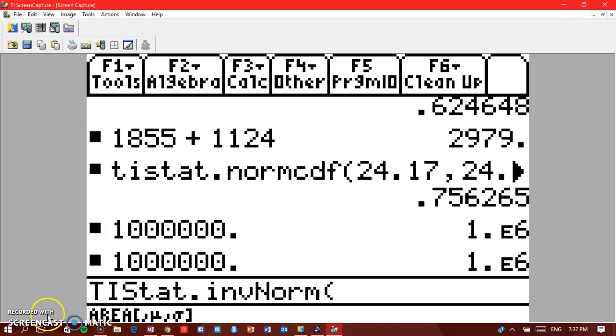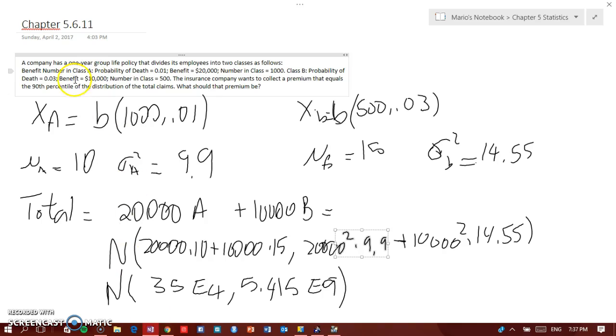The area, remember, is the 90th percentile. So we type 0.9, comma, and then our mean and our standard deviation. Our mean is 35E4. Our standard deviation is not this one. This is your variance.